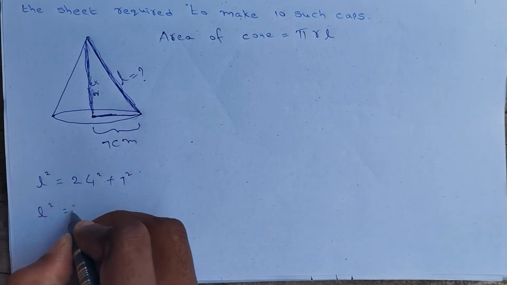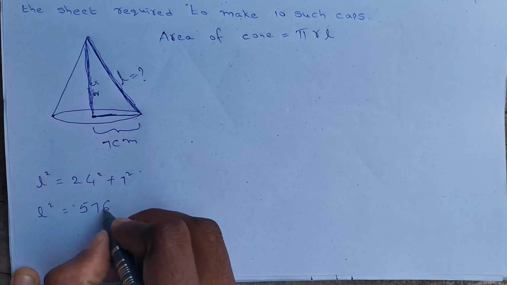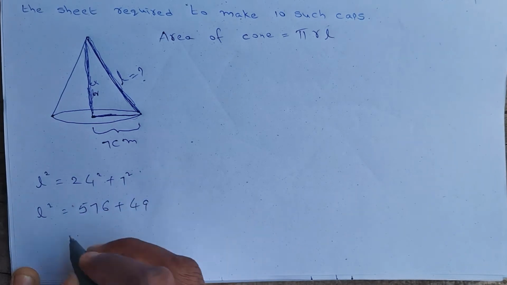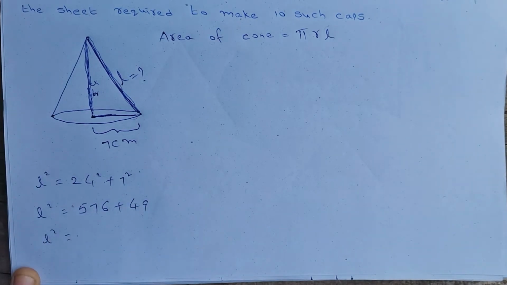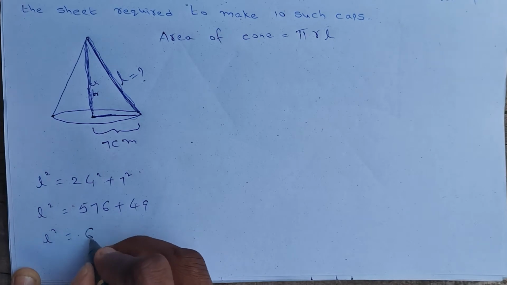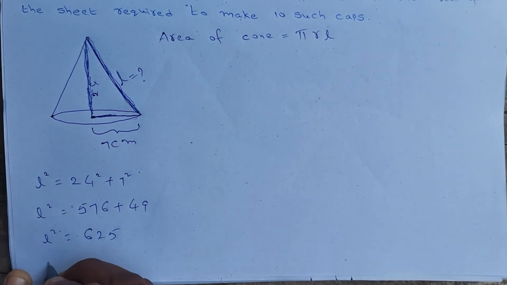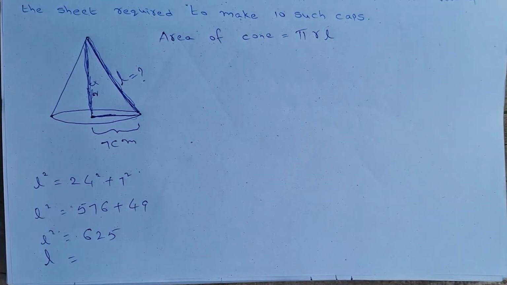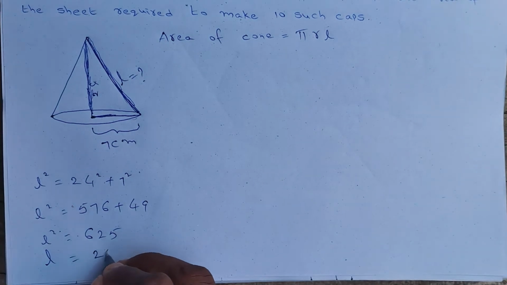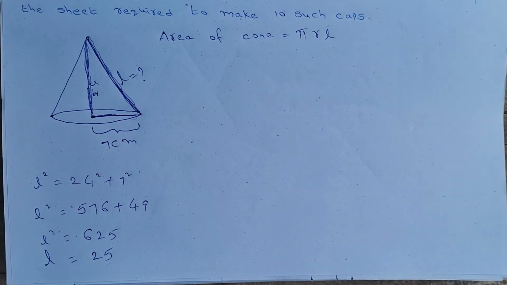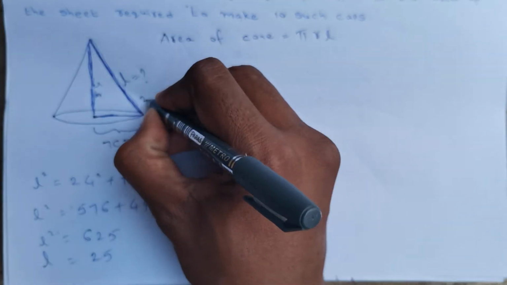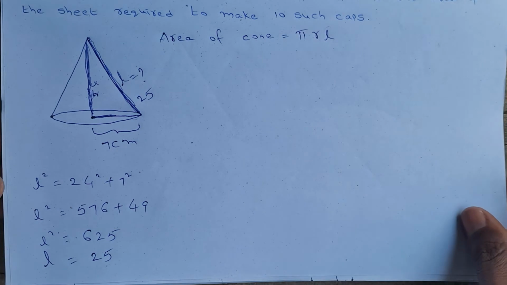L square is equal to 24 square, 576, plus 7 square, 49. So L square is 576 plus 49, 625. Which number's square is 625? It is nothing but 25. So the slant height of that cone is 25. All the measurements are in centimeters.